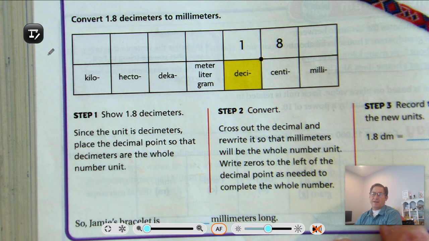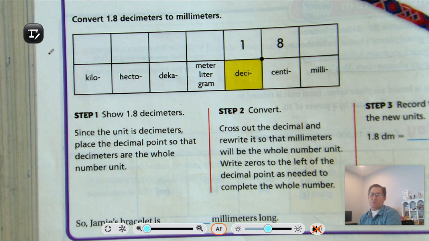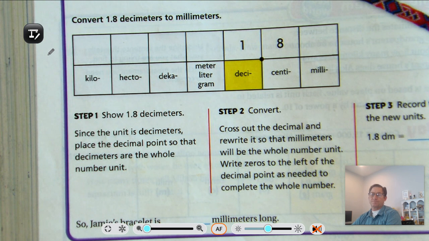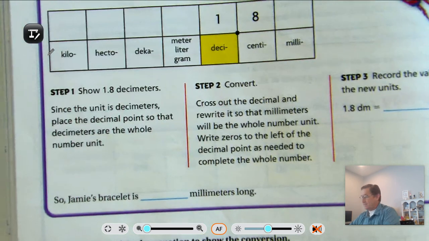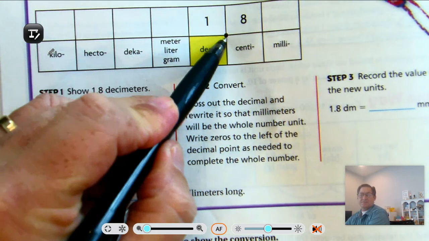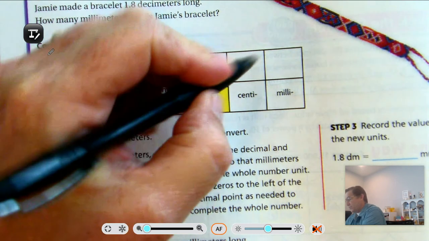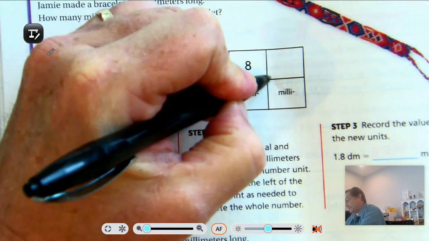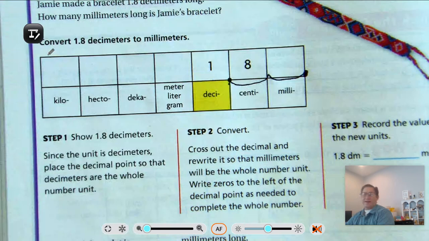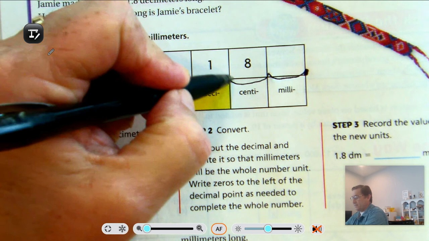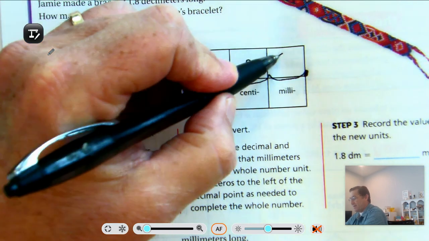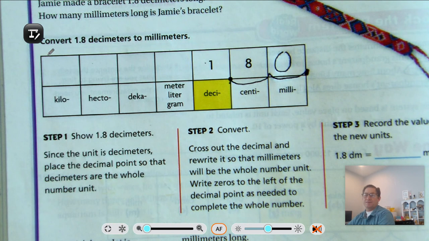Cross out the decimal and rewrite it so that millimeters will be the whole unit. Write zeros to the left of the decimal point as needed to complete the whole number. What they're asking us to do is take this decimal point and move it so that it's after the millimeters. If we move the decimal point 2 places to the right, we have to add another 0 there.